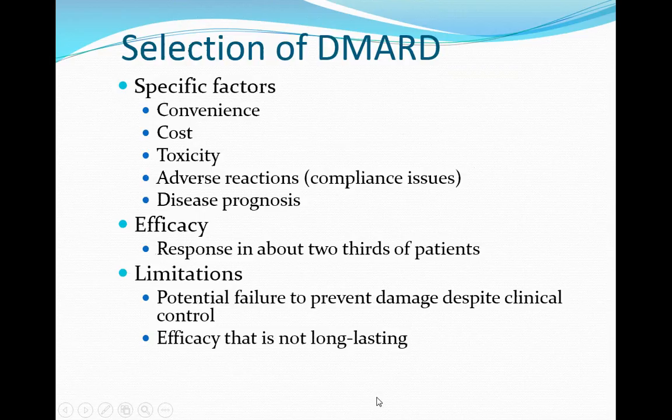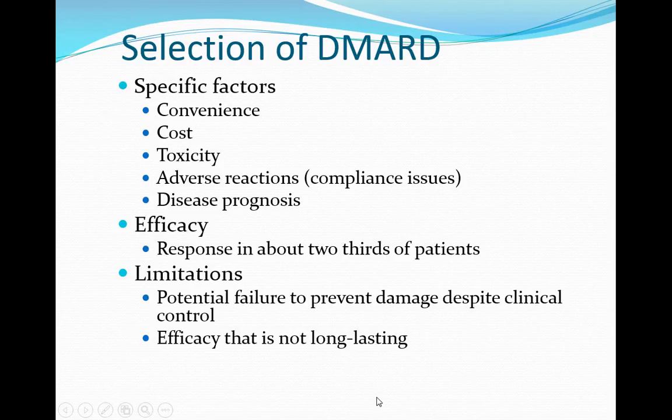So, we're going to choose based on the convenience of the patient. If they're working a lot, they might not be able to take something 4 times a day. We're going to look at cost and toxicity and adverse reactions because that's going to affect compliance. And the biggest factor that's going to have an impact on your outcome is going to be compliance.